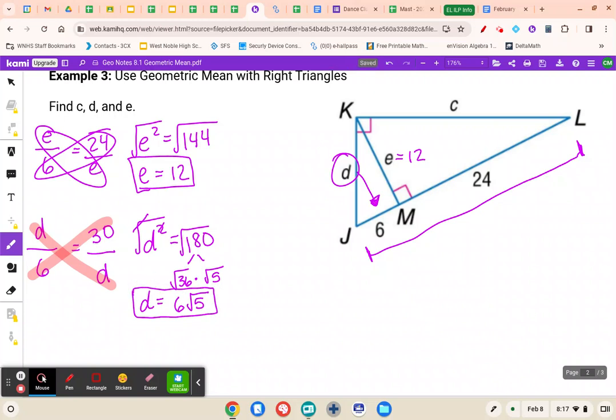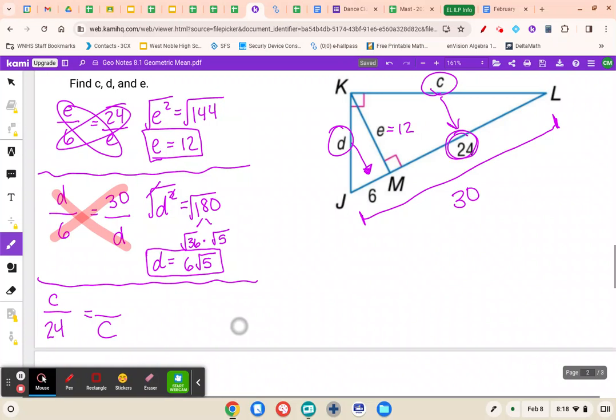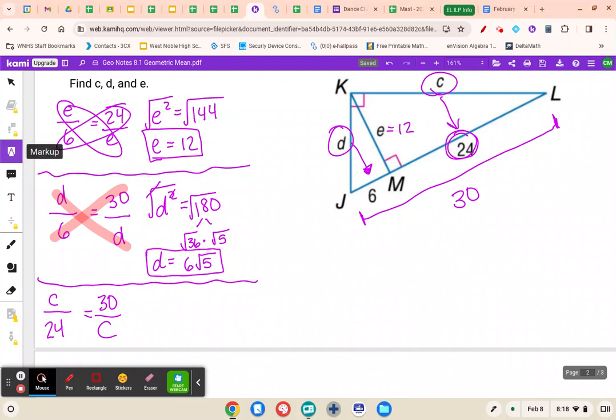Okay, and lastly, C. Okay, C is the other leg of the large triangle, so it is the repeated piece. You look at the adjacent leg of the medium triangle now. It's just across, we have 24, and then you use the whole leg of the big hypotenuse, I should say, of the big triangle. It is 30. This is quite large when you cross multiply.